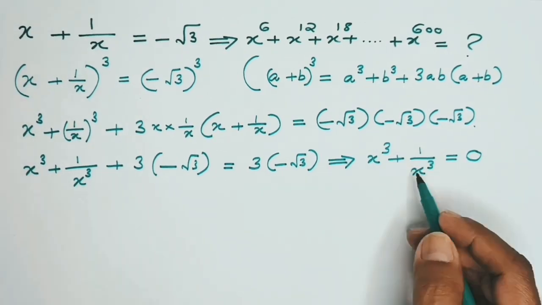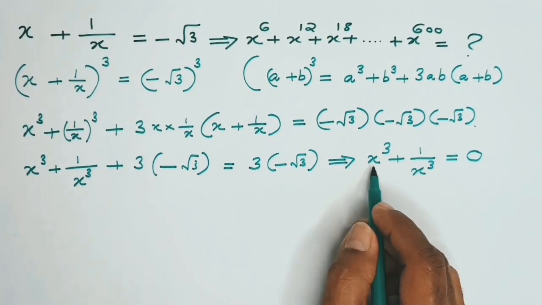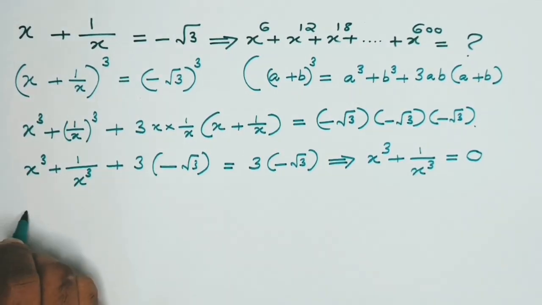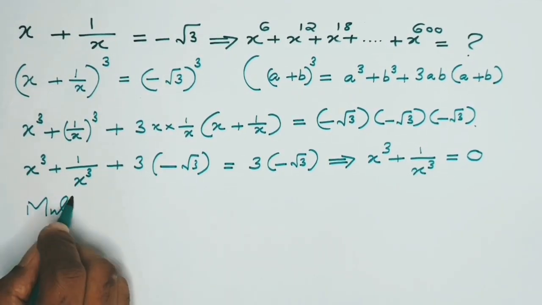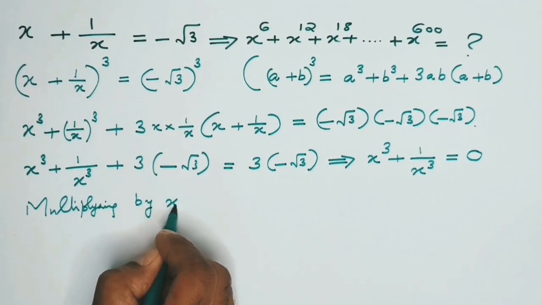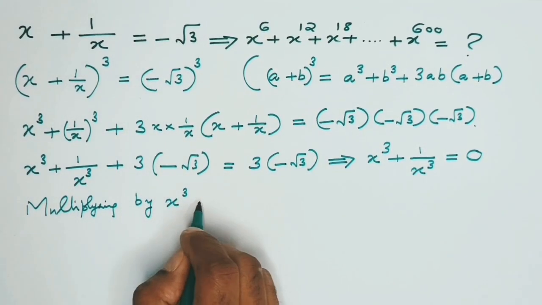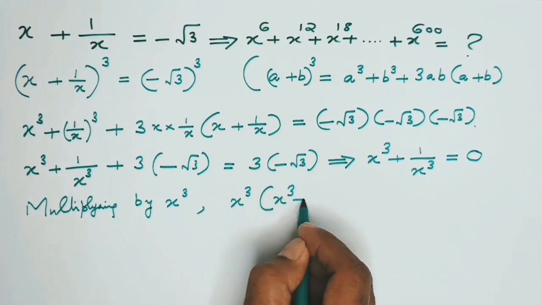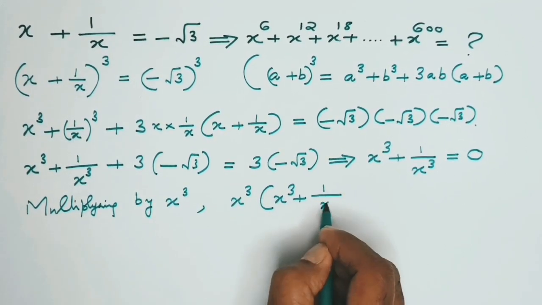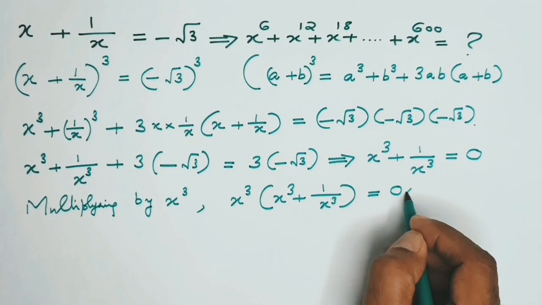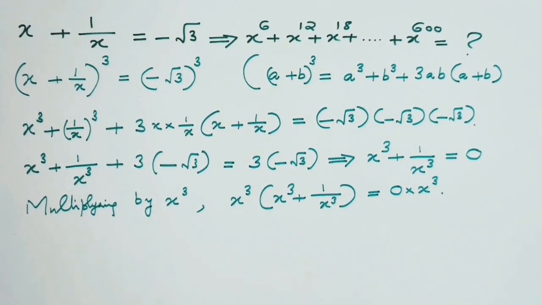Now what to do? See, you multiply this equation throughout by x cubed. Multiplying, let me write it here. Multiplying throughout by x cubed this equation, you get x cubed times x cubed plus 1 over x cubed equal to right side 0 multiplied by x cubed.